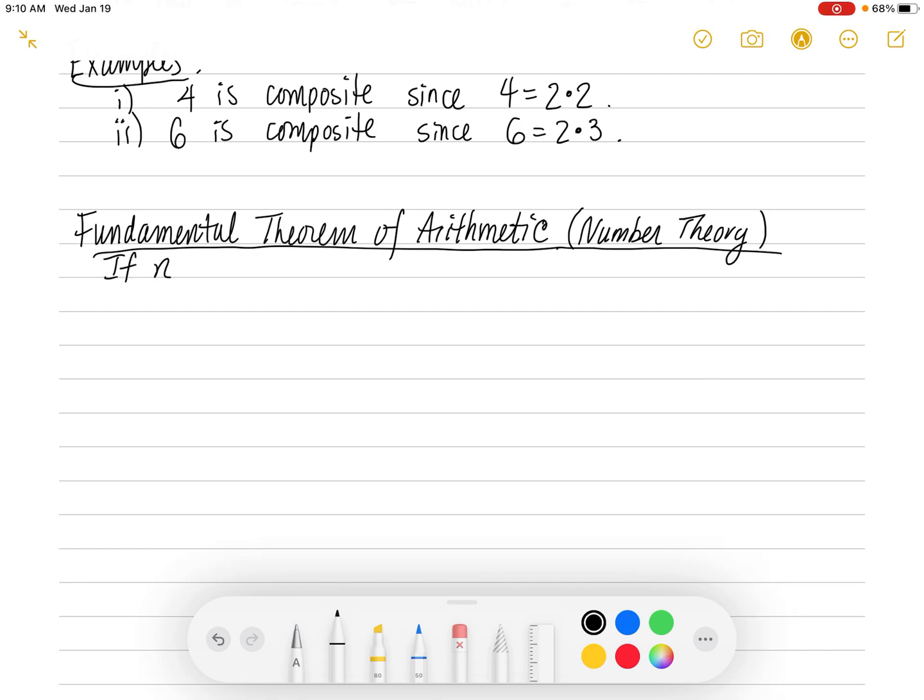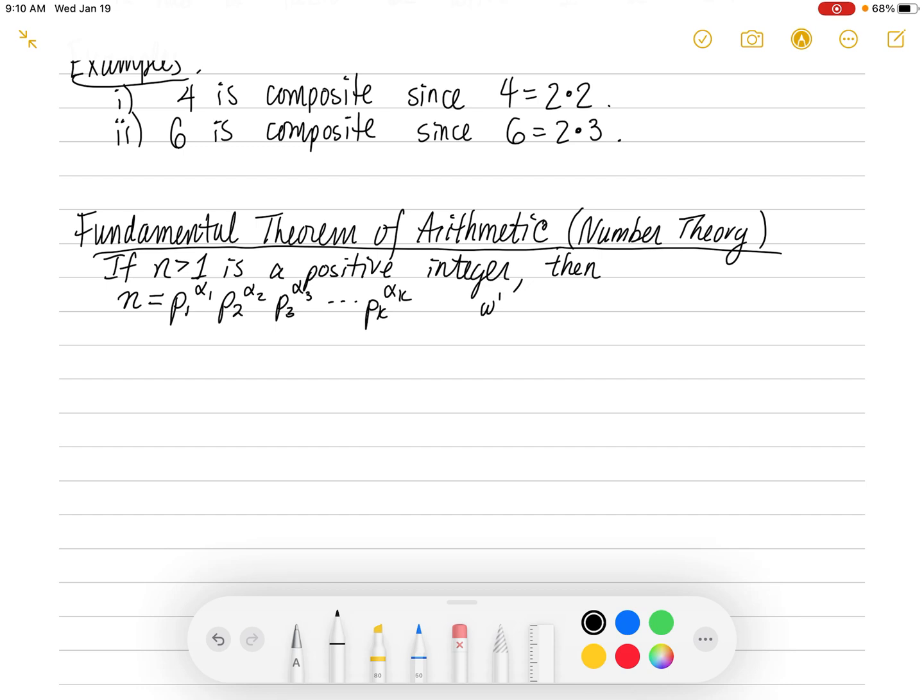If n greater than 1 is a positive integer, then n can be written in the form p1 to the alpha 1, p2 to the alpha 2, p3 to the alpha 3, and so on, pk to the alpha k, where p1 is less than p2 is less than p3, and so on, is less than pk.